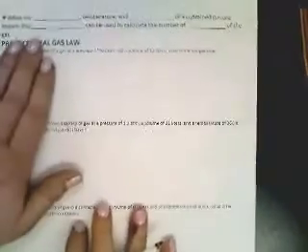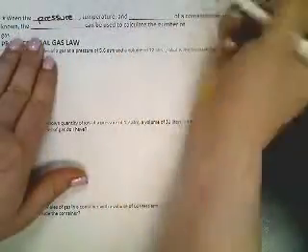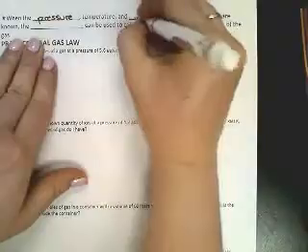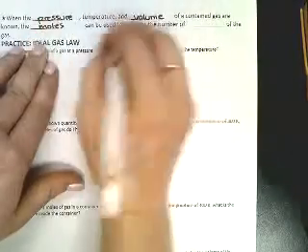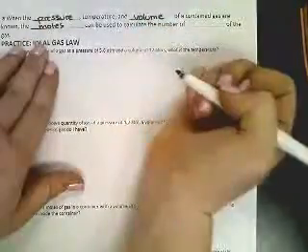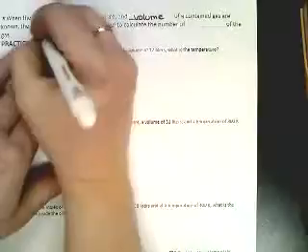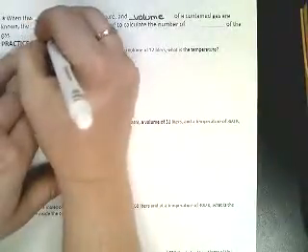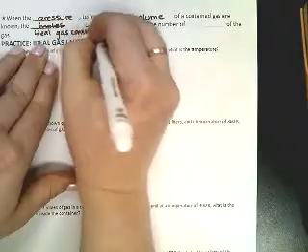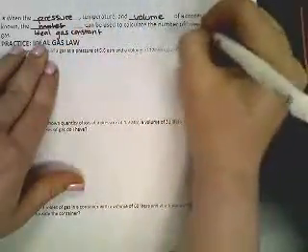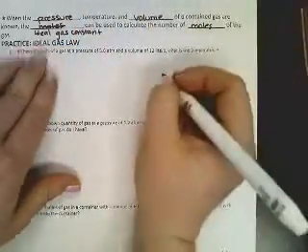So, when the pressure, temperature, and volume of a container are known, the ideal gas law, PV equals nRT, can be used to calculate the number of moles of the gas.